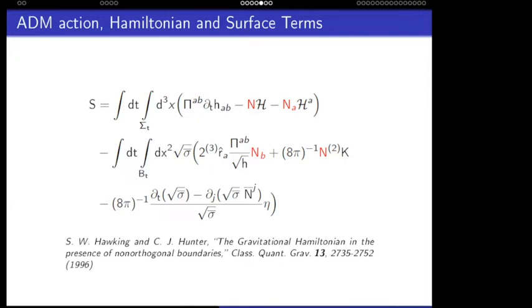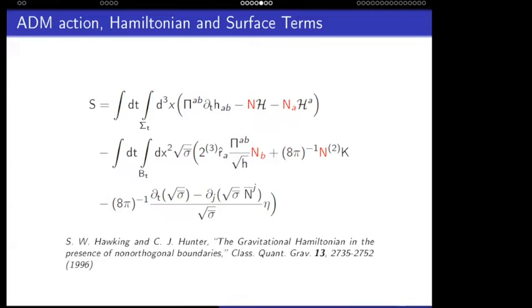So you fix those quantities, and the variation gives an identity, when you evaluate this on a particular solution of the Einstein equation.